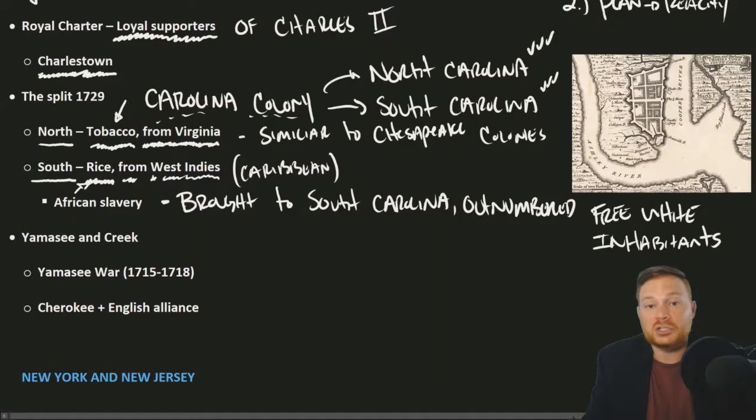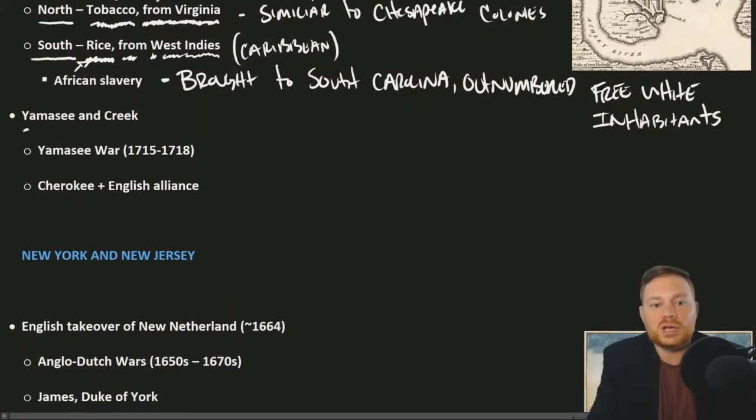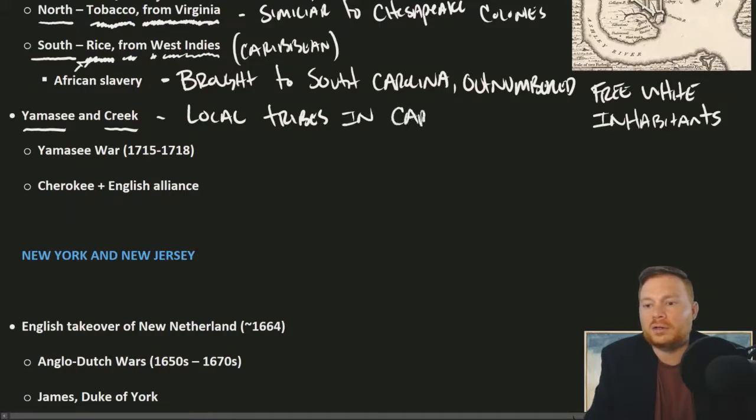Similar to other English colonies, the settlers of the Carolina colony also came into contact with native groups that lived there. The Yamasee were the local Native Americans to that particular area. So were the Creek. So we might just say local tribes in Carolina, or where the Carolina colonies were created.